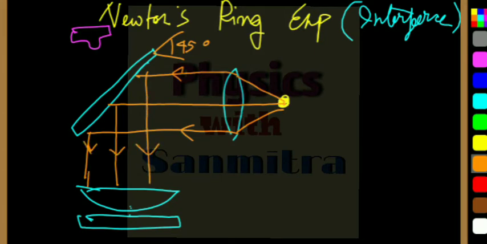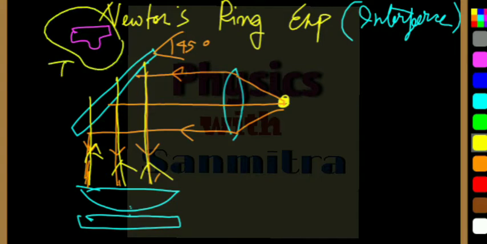Now again from here, another part will be reflected upwards, shown in a different color, like this. I hope now it is clear. Now we are observing it in the telescope.